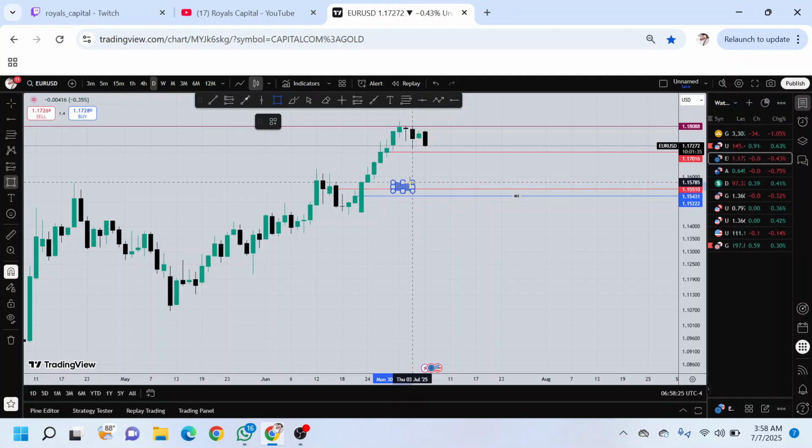And mind, the fair value gap just means inefficient price action, a point where price was delivered one-sided without the other. So we have a fair value gap here, we have an order block, and then we have to wait for price to come back down to this level.